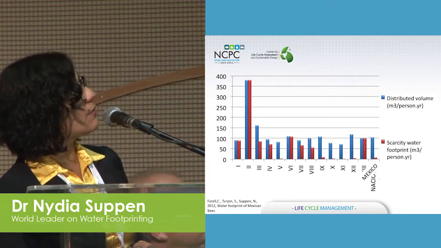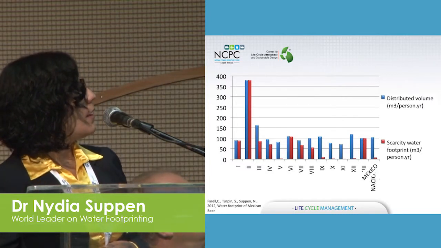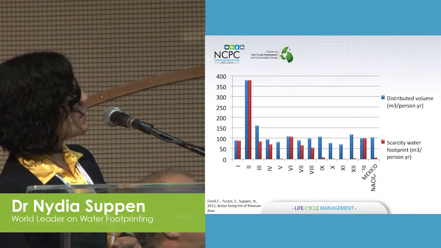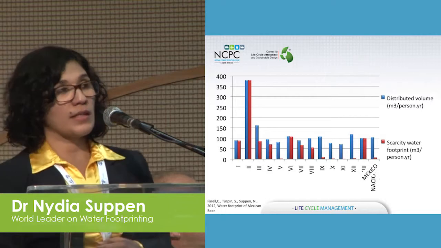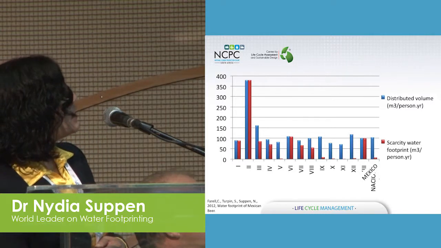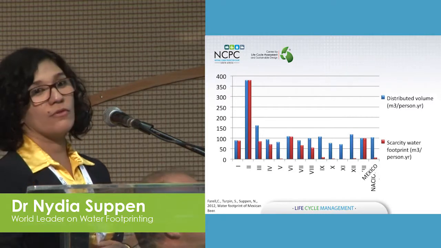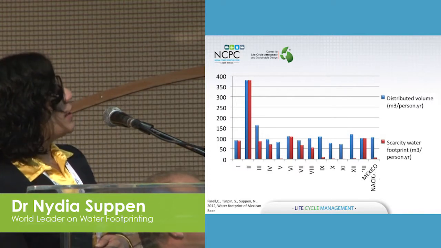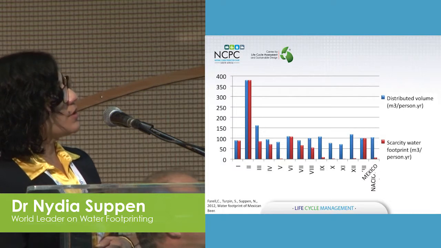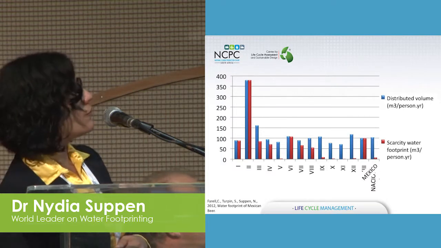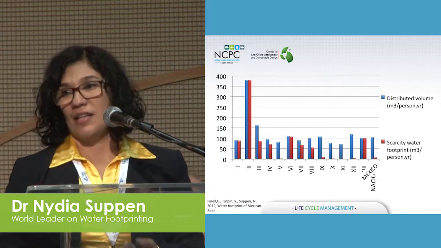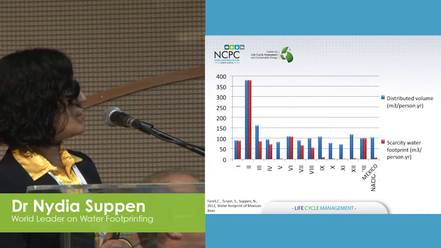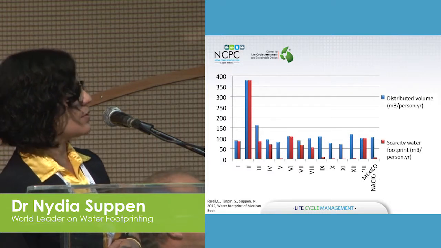So that was the next part of our study, where you could see that we have different regions in Mexico, and normal statistics would say, okay, this is the amount of water that is available per person per year in an area. But of course, if you use the methodology of water footprint, then you can see that even if statistics say there's water, there's not enough water in some regions, and that is important to consider.